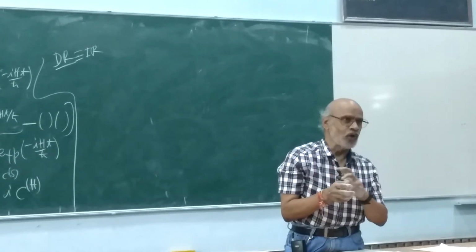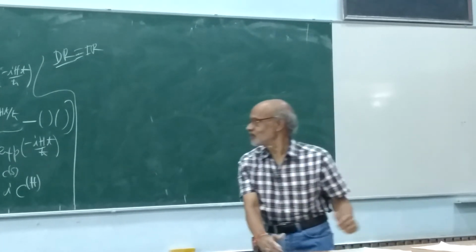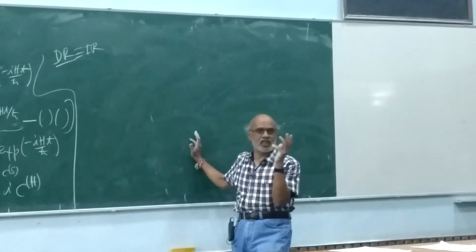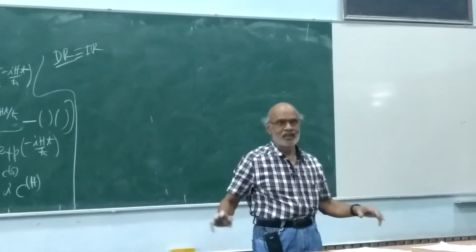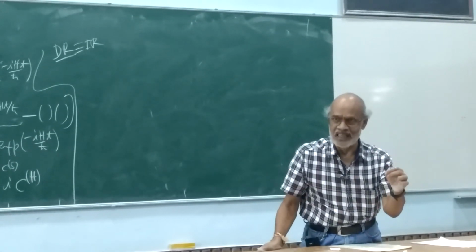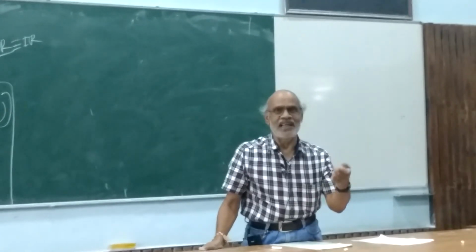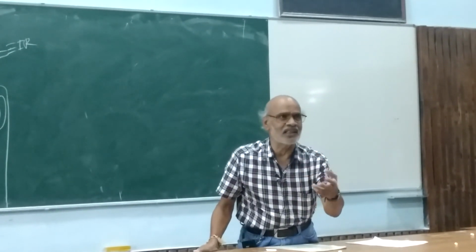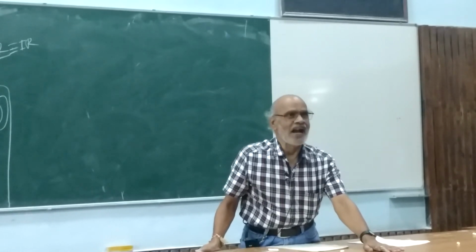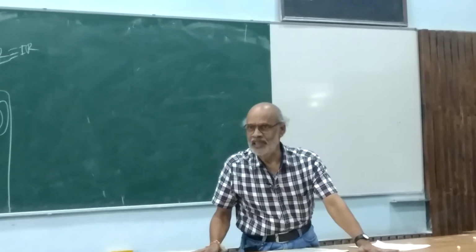Okay? So I must explain to you in words. In the two approaches that we have considered so far, in the Schrodinger representation, the time dependence is carried completely by the state vectors and state space of the theory. And operators do not carry any time dependence.